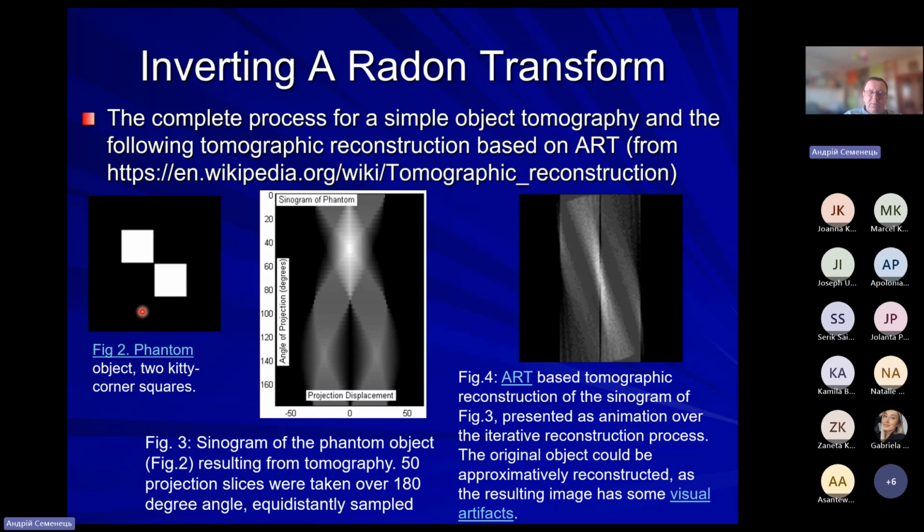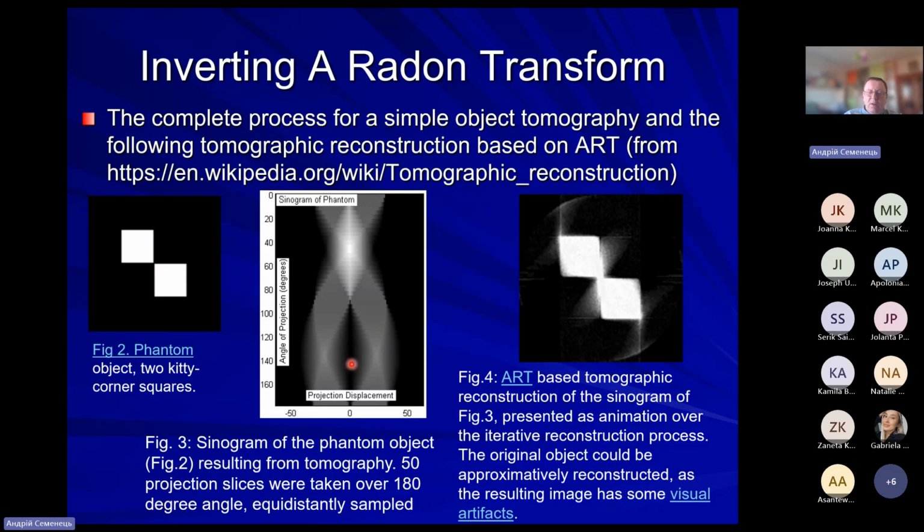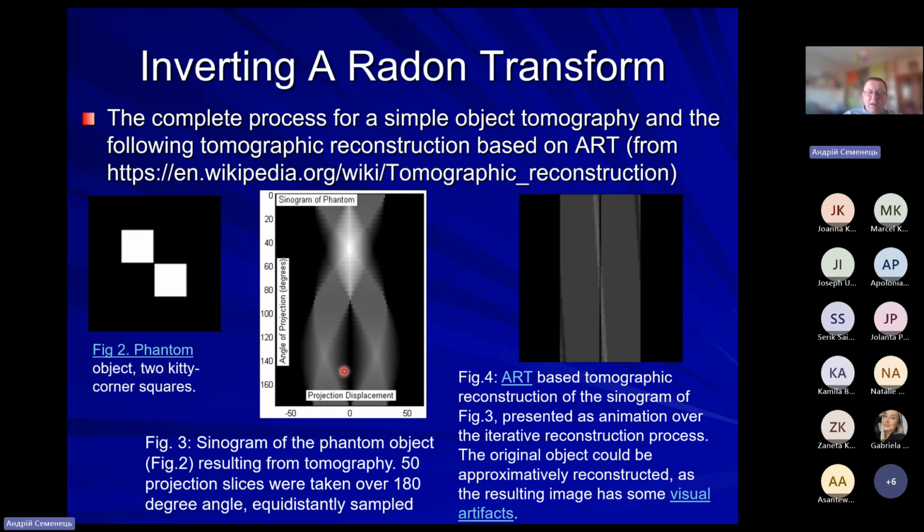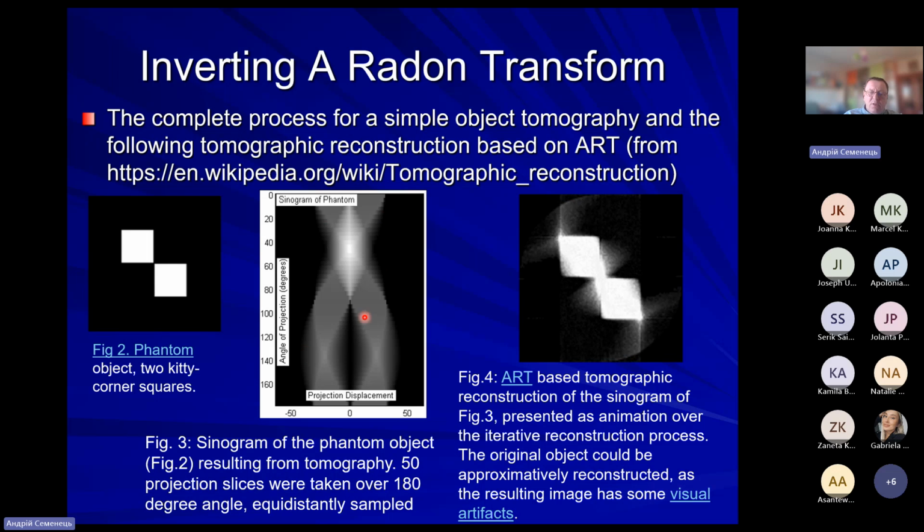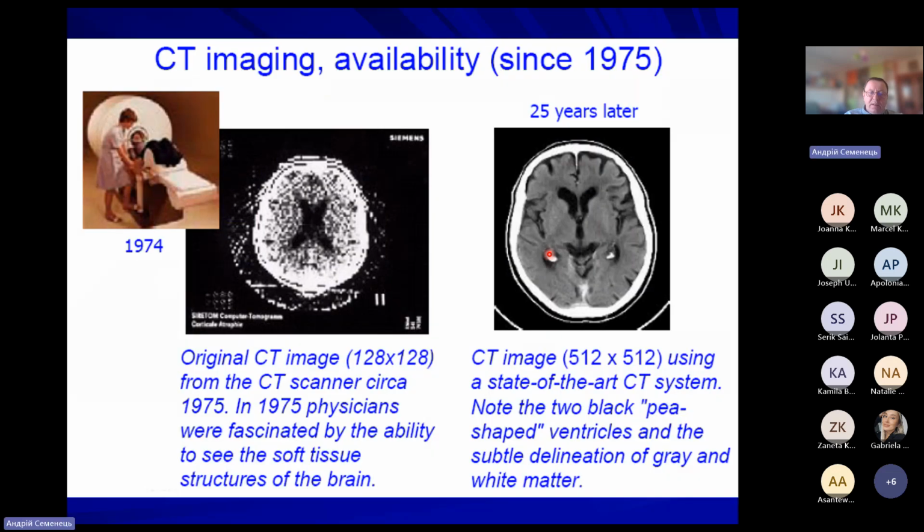Here we have the original object. Here we have the so-called sinogram, the visualization of the direct Radon transformation. And here we have the reconstruction using the inverted Radon transformation at the right side. This is how it is possible to construct at least a two-dimensional cross-section image from a computer scan.